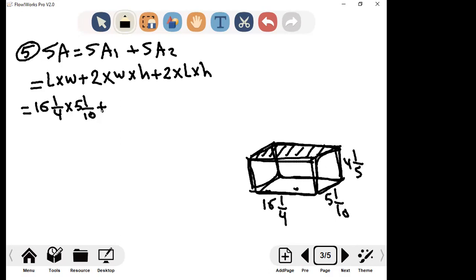What's the width? 2 multiply width 5 and 1 over 10, multiply the height 4 and 1 over 5, plus 2 by length by height. This is the length, this is the height. 2 by 16 and 1 over 4, multiply 4 and 1 over 5. This is all for the lower one, right?